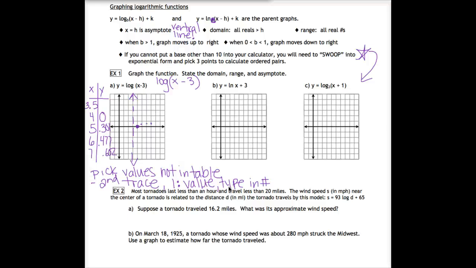And you could also do it by hand if you wanted to. Again, if you're set on the graphing calculator telling you, great. If not, just plug in 3.5. 3.5 minus 3 is 0.5, and the log of 0.5 is negative 0.301.